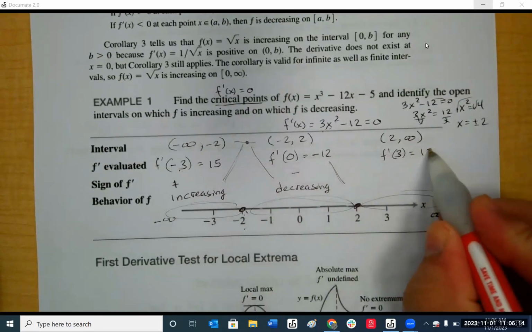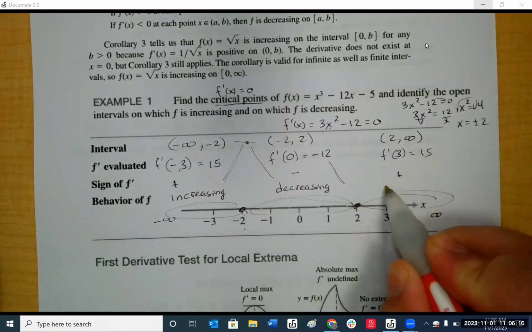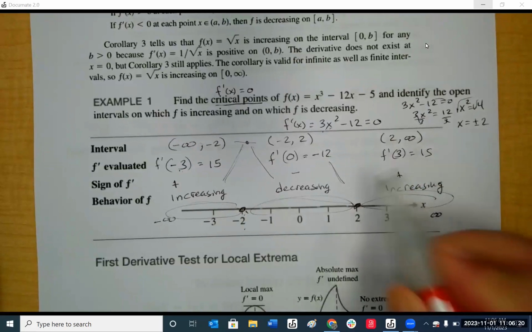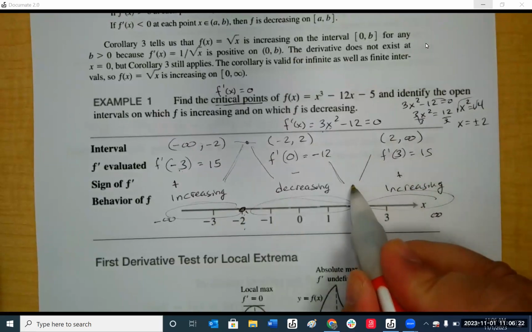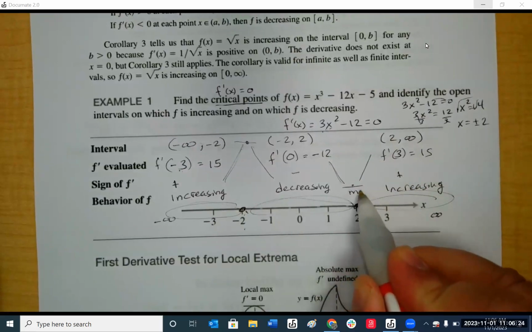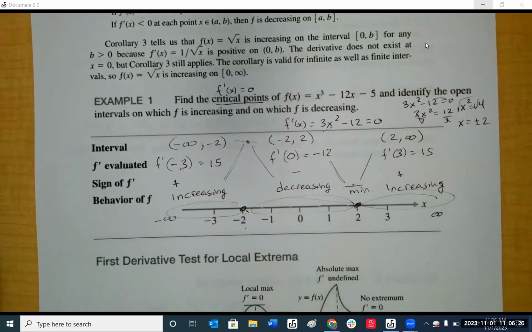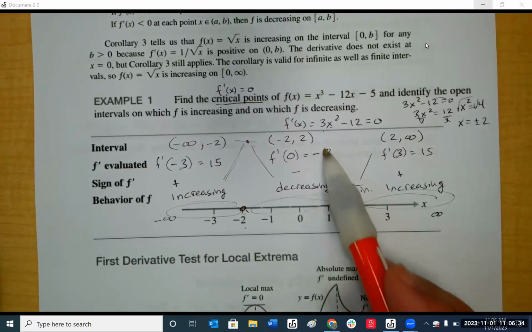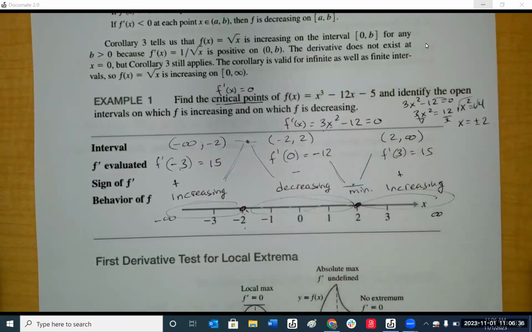So it's going to be positive 15. So it's increasing. So at +2, we have a minimum. Because to the left of it, it's going down. To the right of it, it's going up.